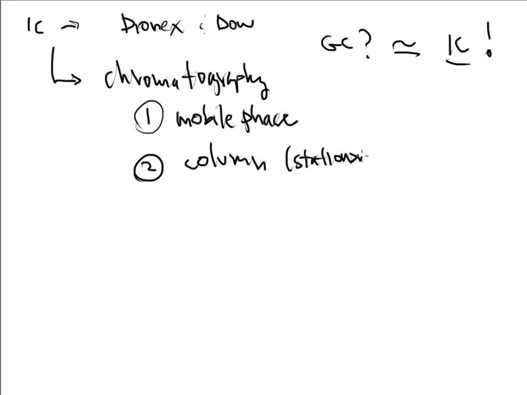All right, so that's something else that we're going to have to take a look at, but you know, the heart of it is still there. We have to have a column, just like in GC, and we have to have stationary phase, just like in GC and TLC at this point that you've learned about. But they might be slightly modified, a little different, in order for ion chromatography to work out.